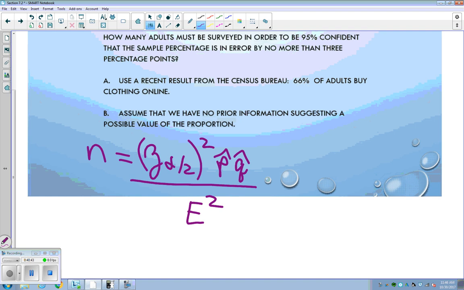So at 95% confident, what is z of alpha divided by 2? We just used it, right? 1.96, do we have it memorized yet? So n is going to equal 1.96 squared. That part we know.